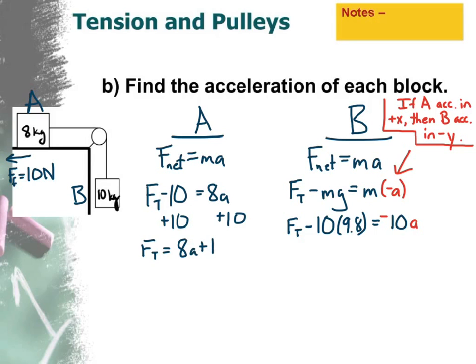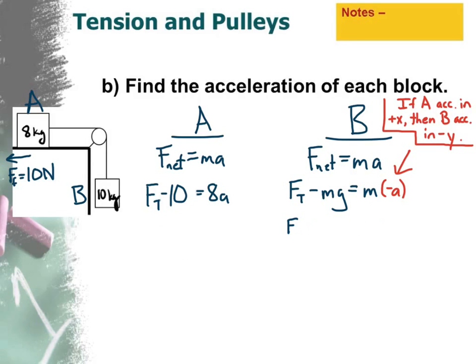Oops. I think I'm going a little too fast for you here. Let me back that up. All right. What I did right here is I just rewrote mg with the actual values in there, 10 times negative 9.8. And then over here, I'm solving for F of T now, and I add 10 to both sides.